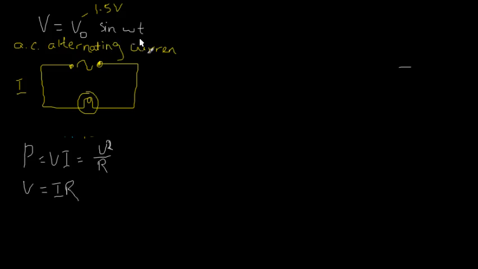Would need this formula for alternating currents. I would need the formula for RMS voltage, right? It's peak voltage over root 2. I would need the expression for average power. Average power is equal to half of the peak power. Probably need this.